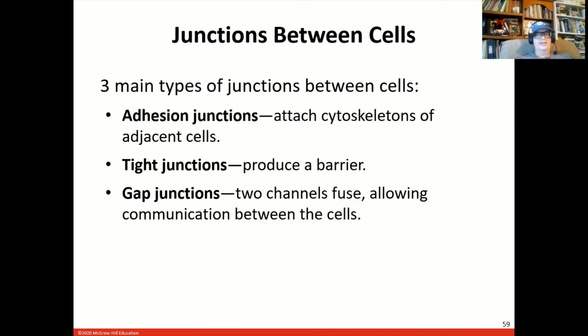A gap junction is a spot where two channels fuse. Let me say it easier. We've got this cell, we've got this cell, and they are stuck together because their channel proteins go across both membranes.